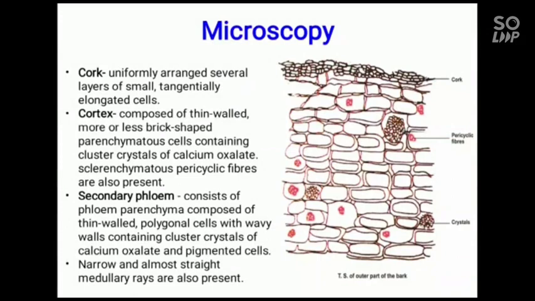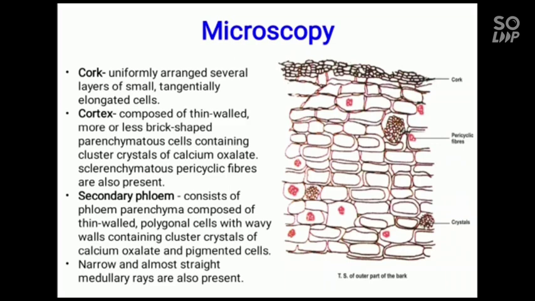Cortex, composed of thin-walled, more or less brick-shaped parenchymatous cells containing cluster crystals of calcium oxalate. Sclerenchymatous pericyclic fibers are also present. Secondary phloem consists of phloem parenchyma composed of thin-walled polygonal cells with wavy walls containing cluster crystals of calcium oxalate and pigmented cells.